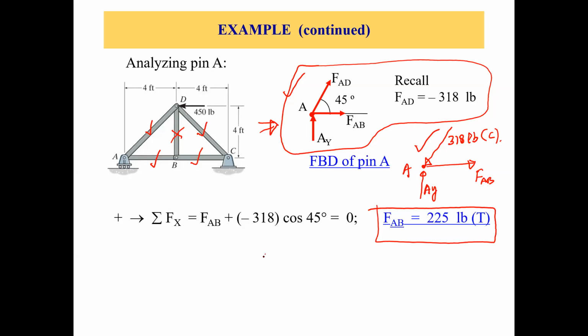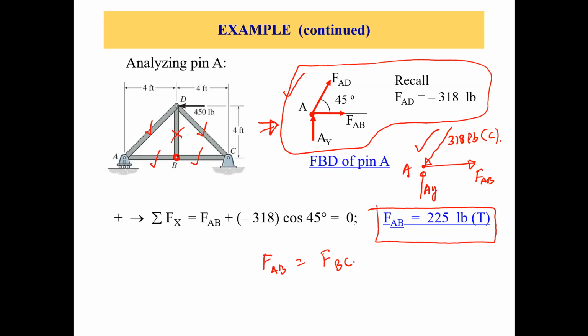So we can also say that FAB equals FBC. Because if you consider joint B, there are only two forces, FAB and FBC, because FBD is a zero force member.